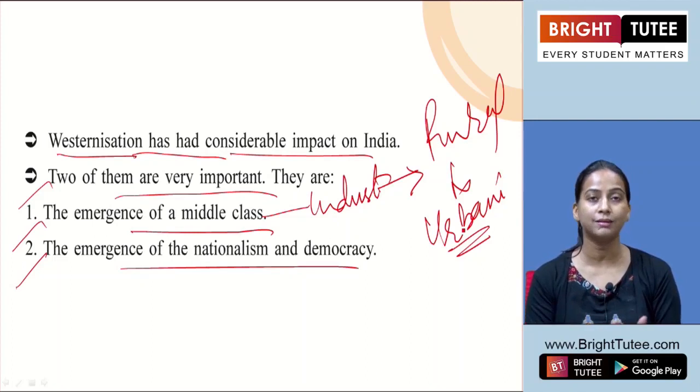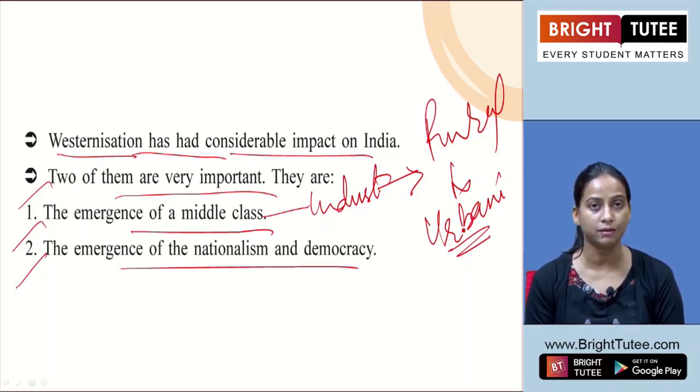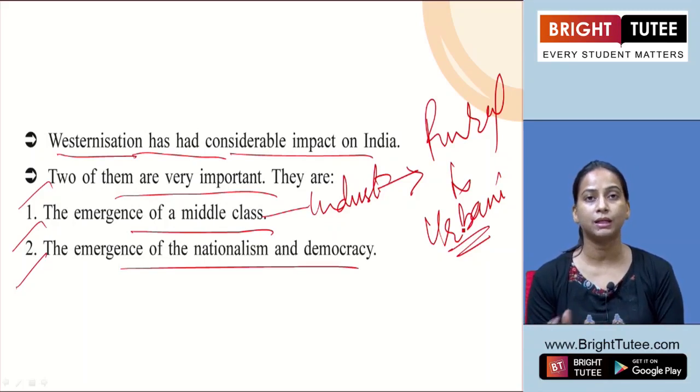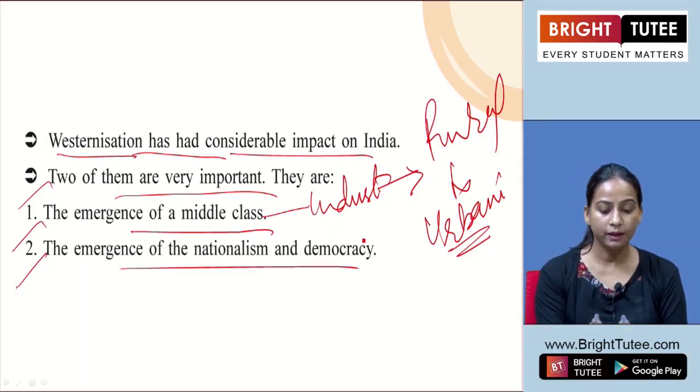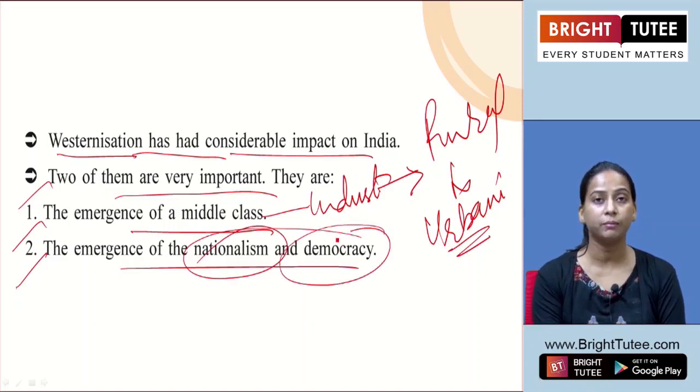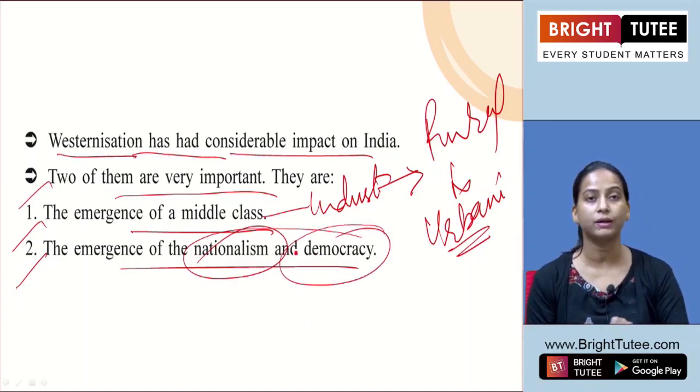Not only industrial workers, but professionals also came into existence, and traders started emerging in urban centers. All these were taken as middle class people. The emergence of nationalism and democracy was also the result of Westernization.